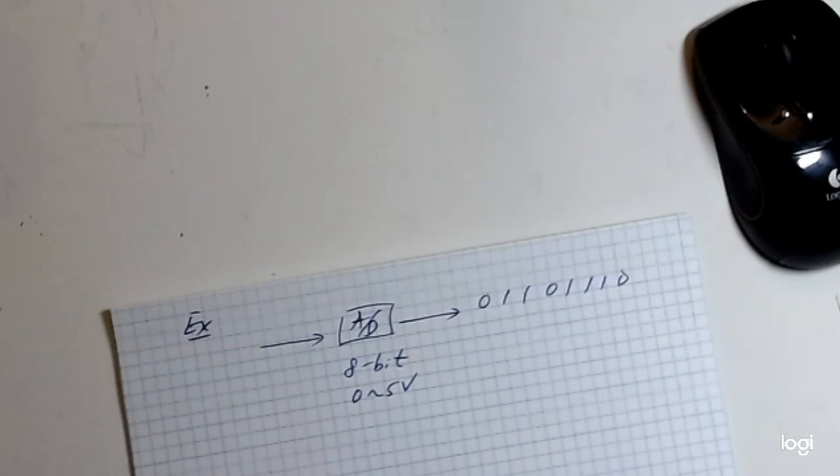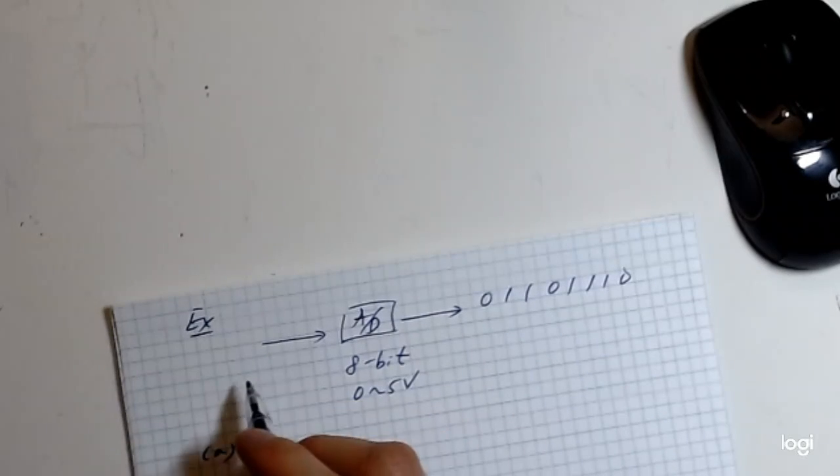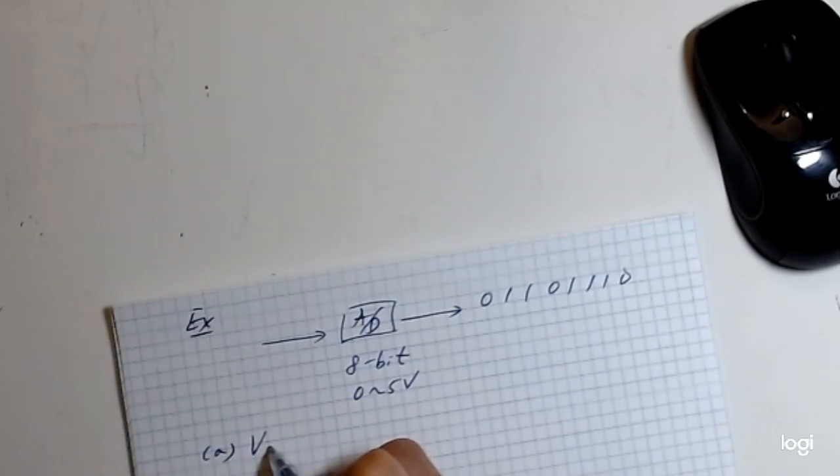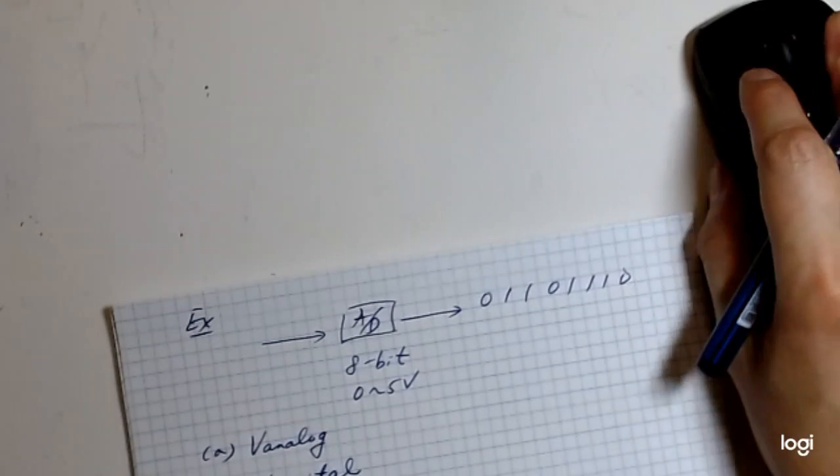It's 1 to 1, there's no amplification. So the question is, what is the analog voltage, and also what's the digital voltage?